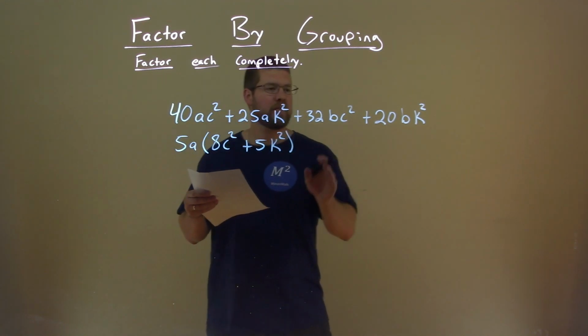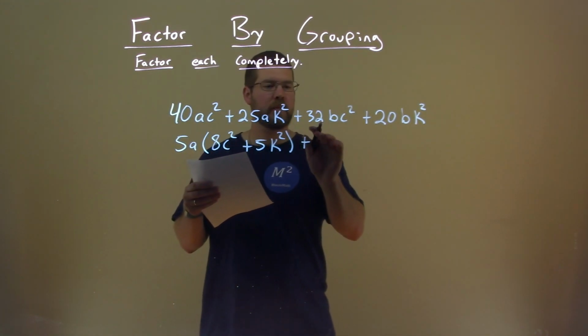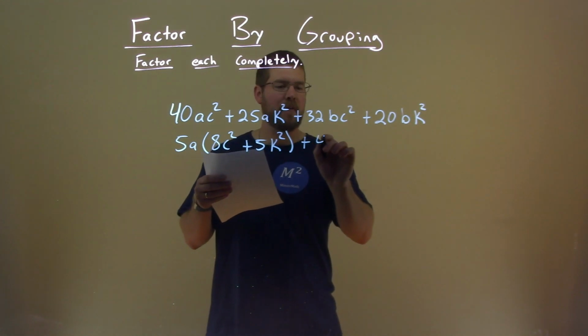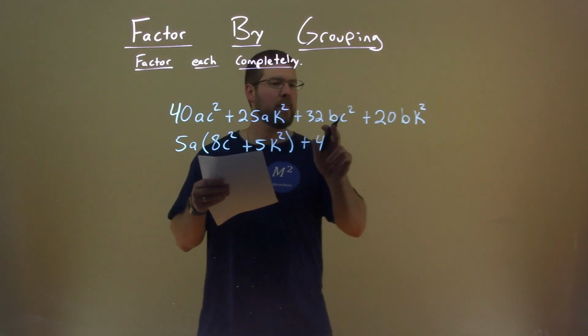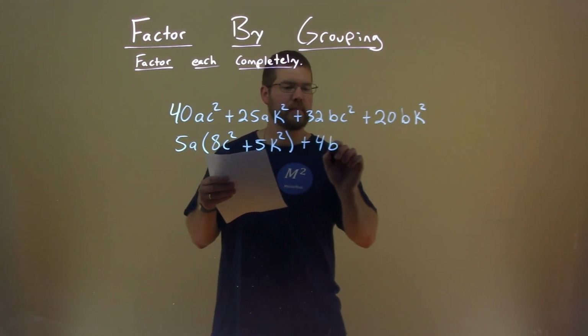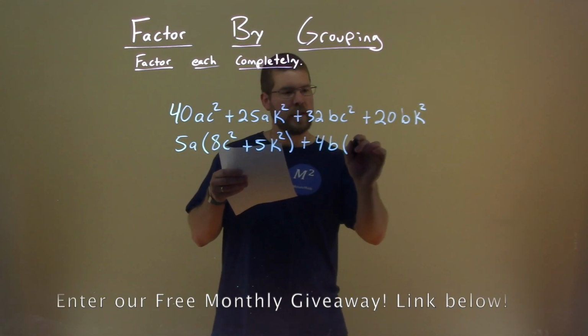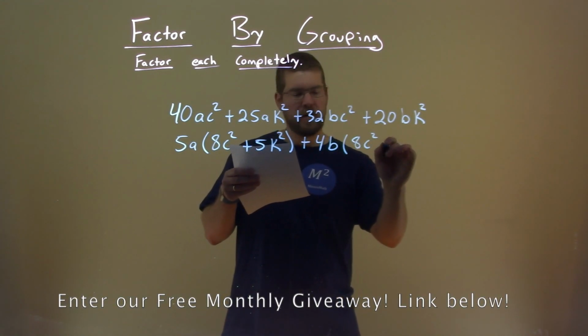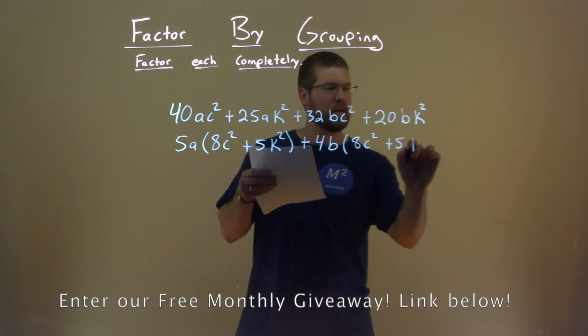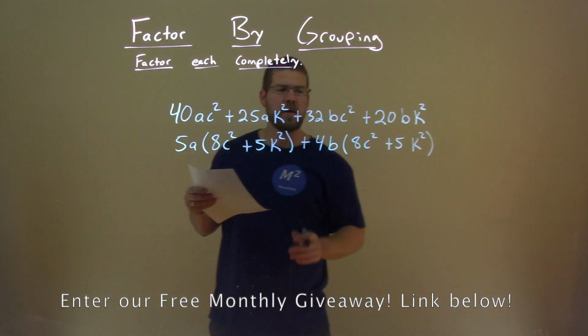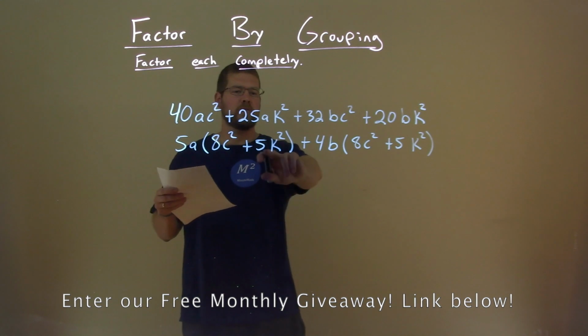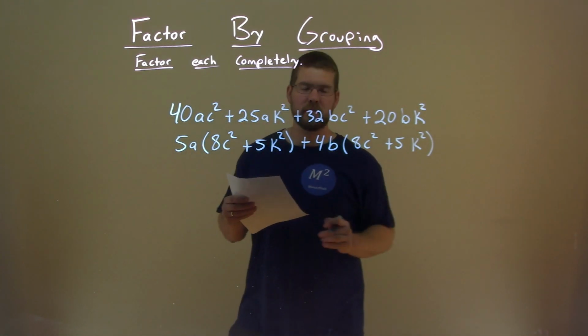We're now going to look at the second two terms and do the same thing. 32 and 20 both have 4 that can be taken out of them, and both of these have a b. So we pull out a 4b from both parts, leaving 8c squared plus 5k squared. And notice we have 8c squared plus 5k squared written twice.